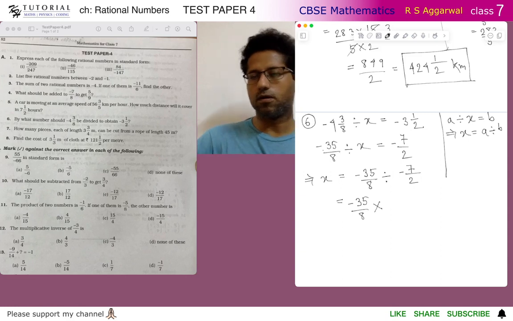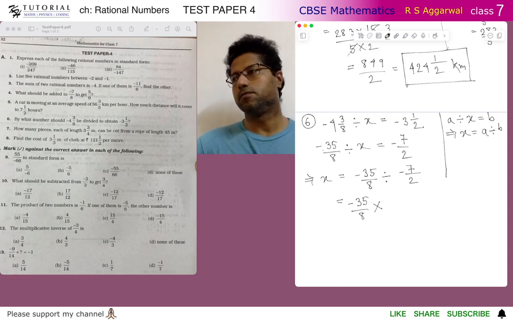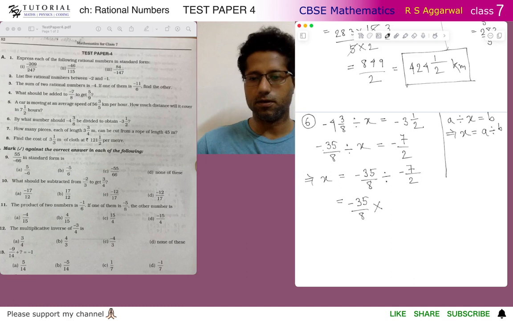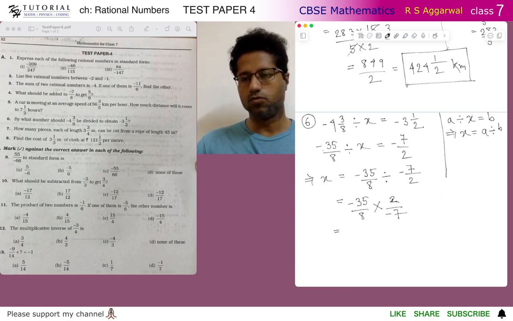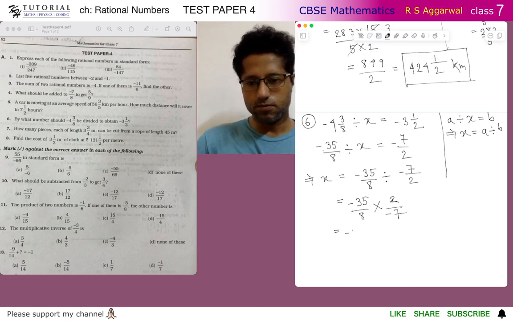Reciprocal of a rational number is found by reversing the numerator and the denominator. So this becomes 2 by minus 7. Now we convert 2 by minus 7 so that it has a positive denominator. So this becomes minus 35 by 8 multiplied by minus 2 by 7.